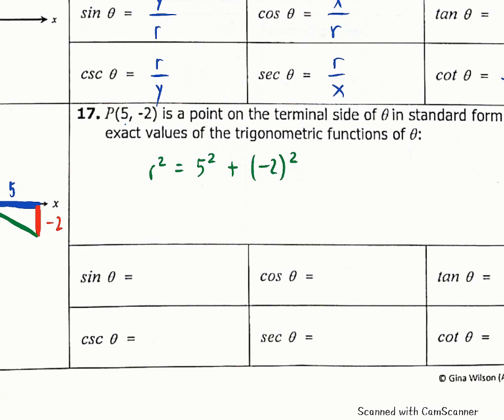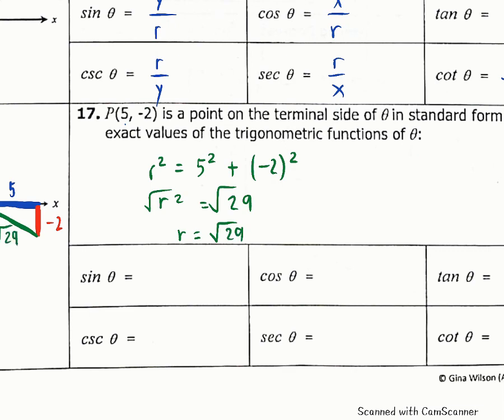So doesn't r squared equal 5 squared, which is 25, plus negative 2 squared, which is 4. 25 plus 4 is 29. And don't I take the square root of 29, which won't break down? So my r value is the square root of 29.